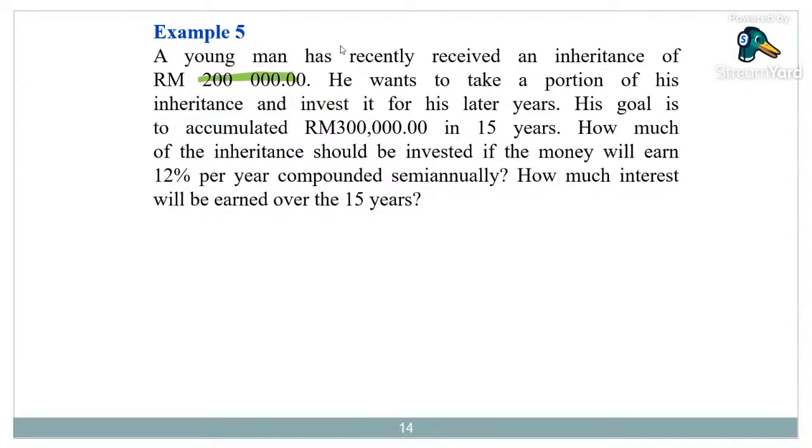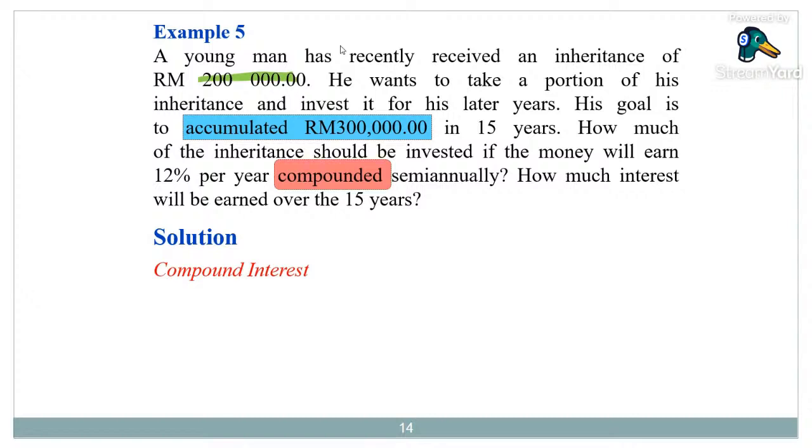Okay, so sekarang this is a compound interest because it is compounded semi-annually. Okay, and then kat sini dia kata dia nak kumpul sebanyak sampai 300,000 dalam masa 15 tahun. So S is 300,000, T is 15. How much of the inheritance should be invested?